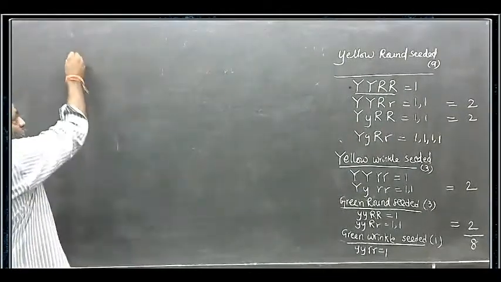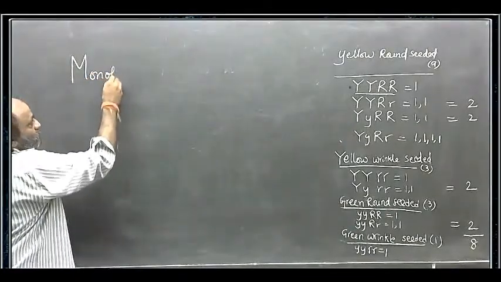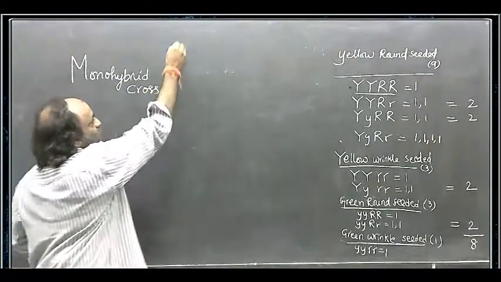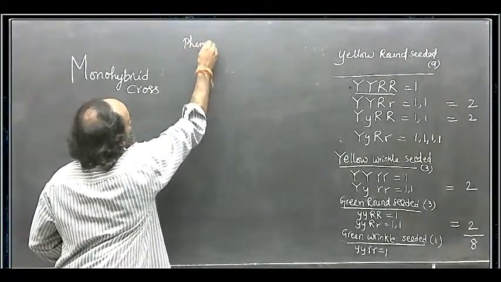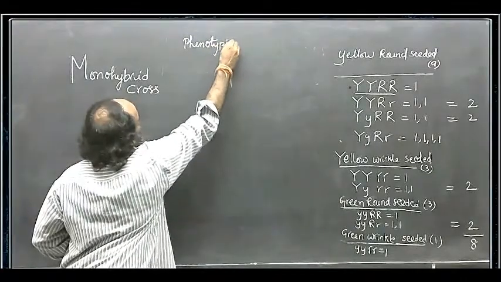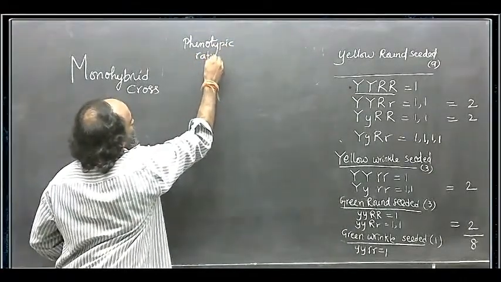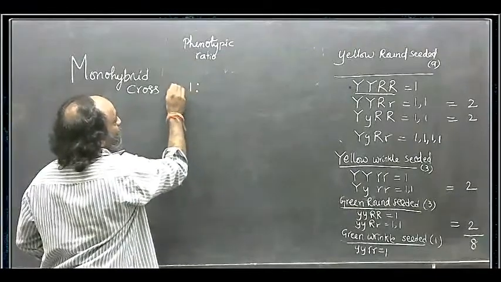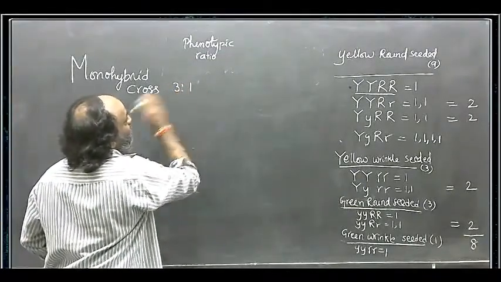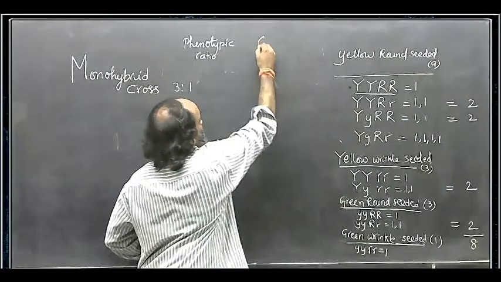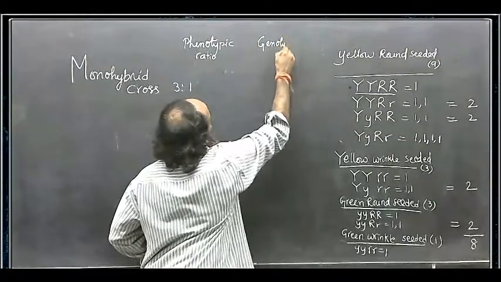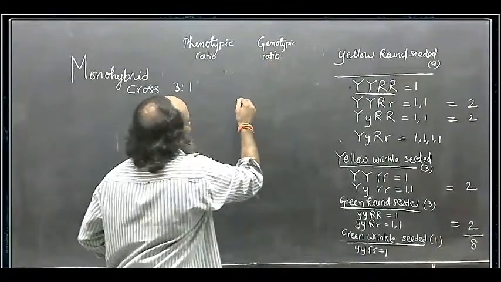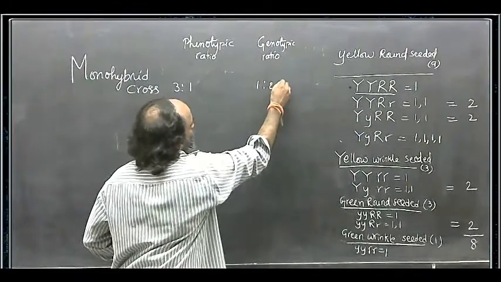So for a monohybrid cross, the phenotypic ratio is 3:1, whereas the genotypic ratio is 1:2:1.